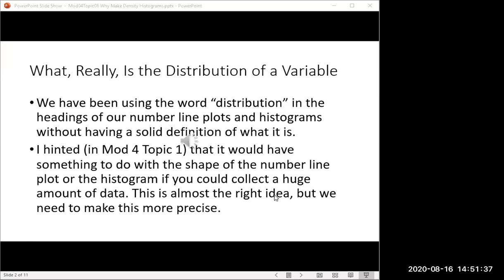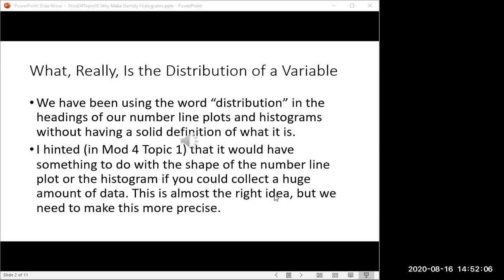Now, as we go through the motivation for the percent frequency density histogram concept, we will discover in the process what really is the distribution of a variable. We've been using the word for a couple of weeks now, but without a very solid definition of what is a distribution of a variable.